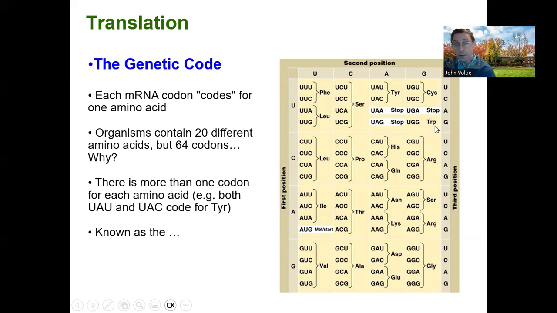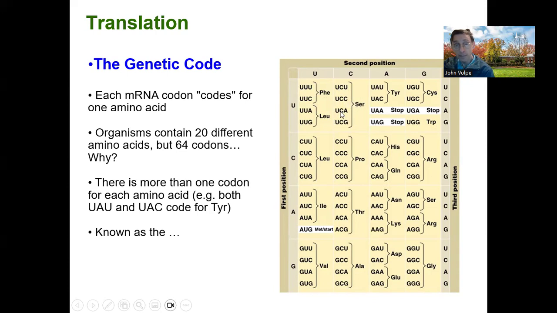All of the other amino acids have more than one codon code for that same amino acid. For example, phenylalanine has two codons coding for this amino acid. And then the amino acid serine has four codons coding for that one amino acid.